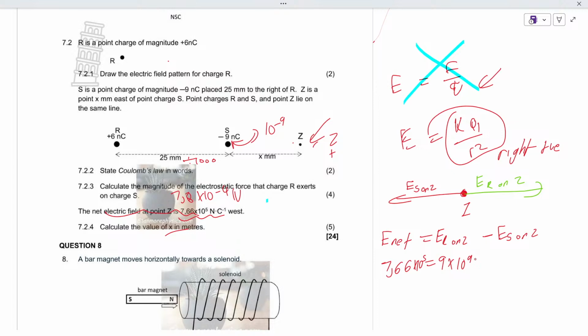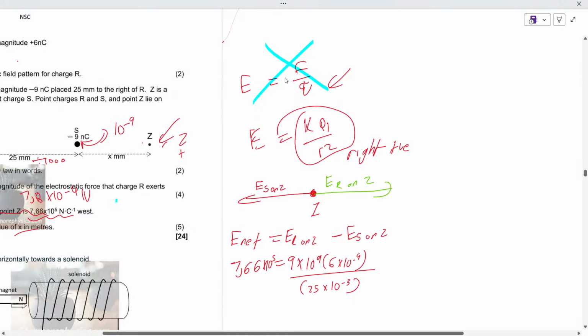We write it as is: 6 times 10 to the power negative 9 over this distance, which we said is 25 times 10 to the power negative 3, because it's the same as dividing by 1000. Yes.